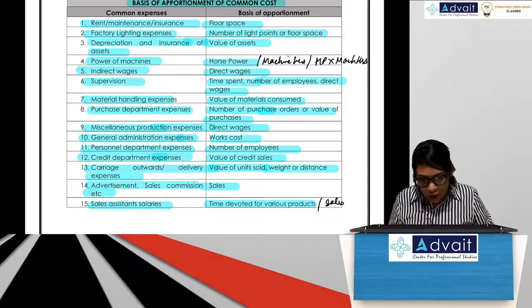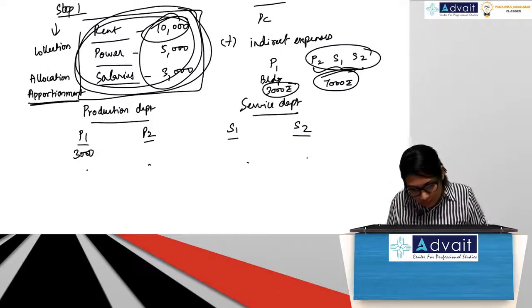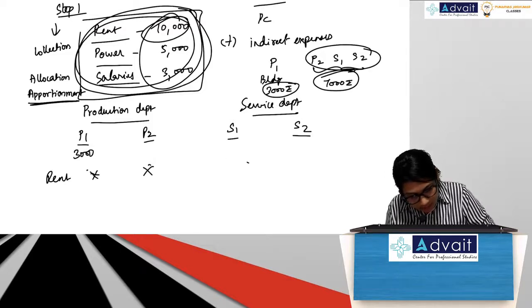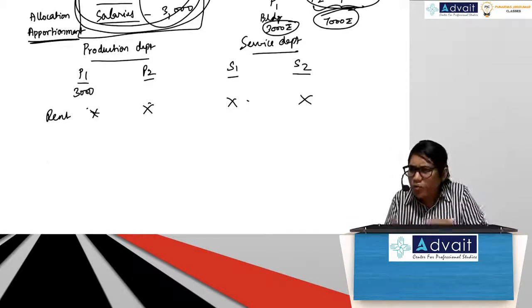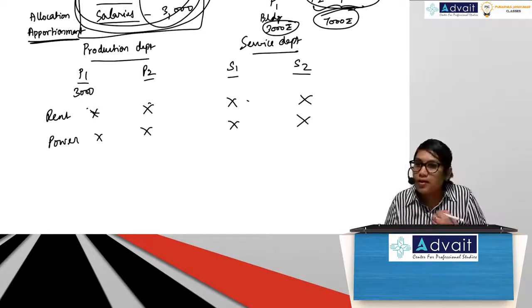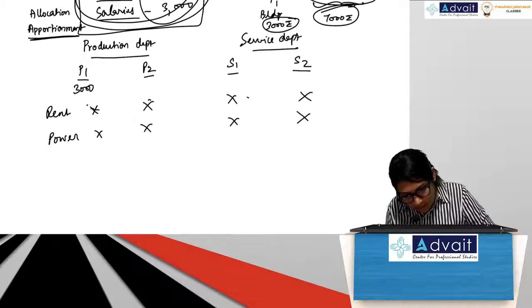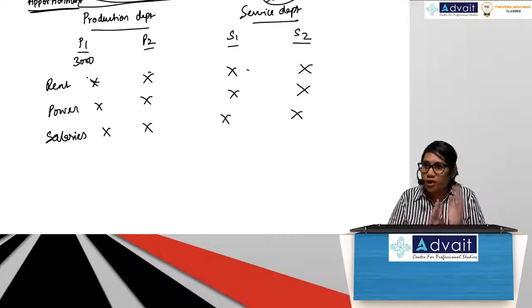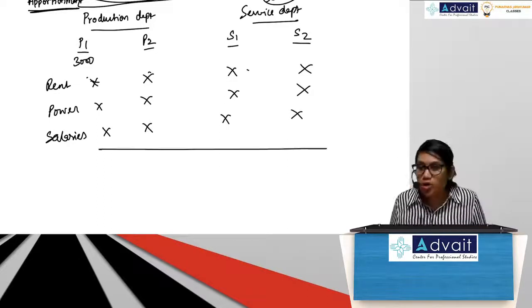Guys, is it okay? So now, all these expenses I will divide. Rent I will divide between all these departments in whatever ratio. Power I will divide, you already know, correct? And then salaries also I will divide. So I've divided all my expenses. What is this called?